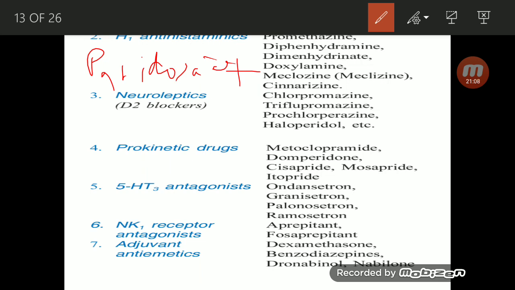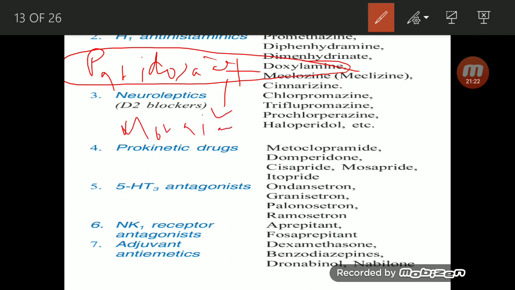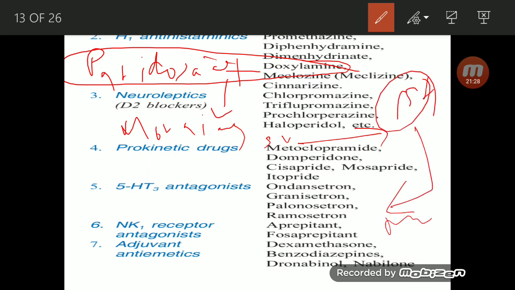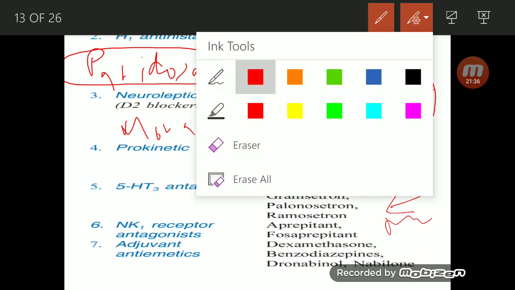Doxylamine along with pyridoxine is the best combination for the treatment of morning sickness. This is your first line treatment of morning sickness, that is doxylamine and pyridoxine.